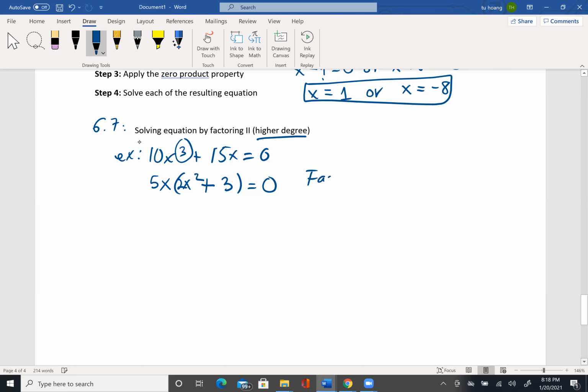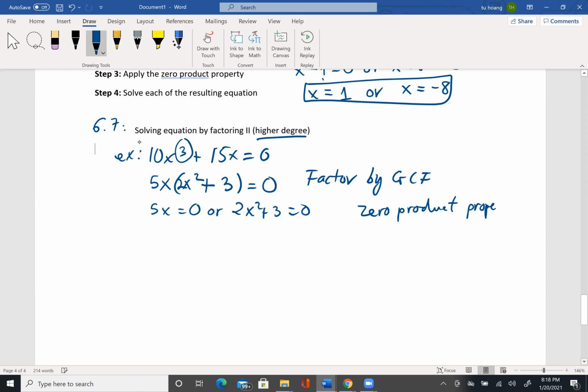So I'm going to factor first by this here, right? Now I'm going to apply the zero product property. So I'm going to find x equals 0 or 2x squared plus 3 equals 0.